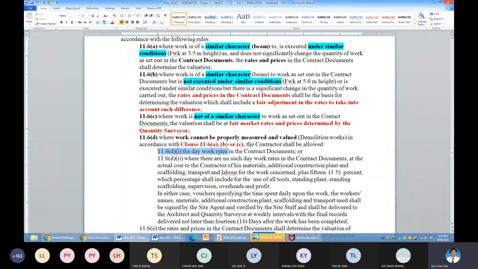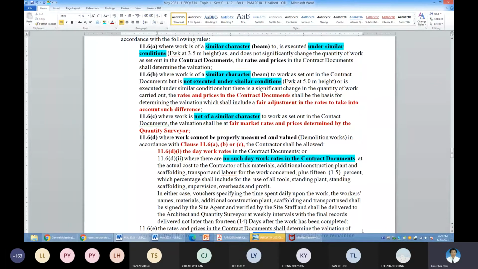Sometimes in your BQ, you have day work rates for your machinery, plant, material, and so on in the contract document. Now, what happens if there is no such day work rate in the document? Then what are you going to do? No choice.